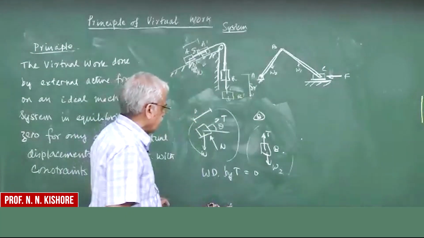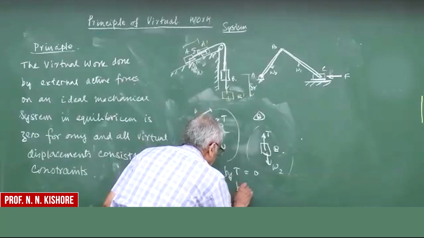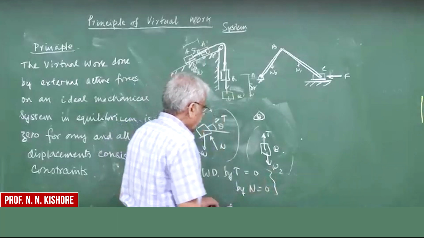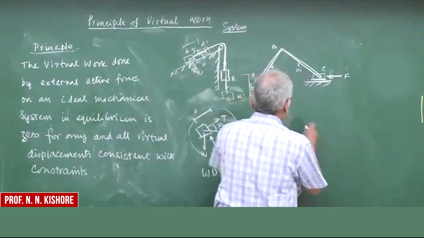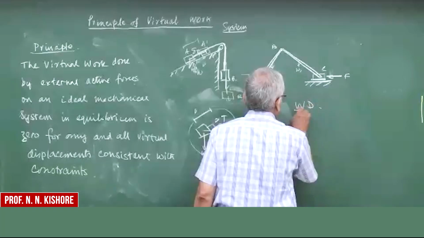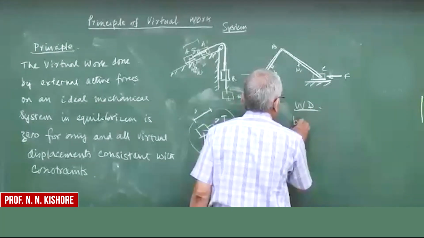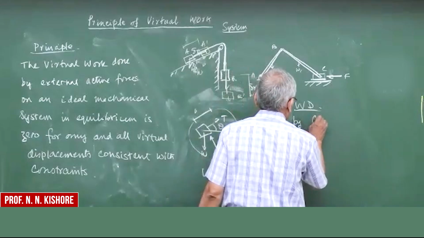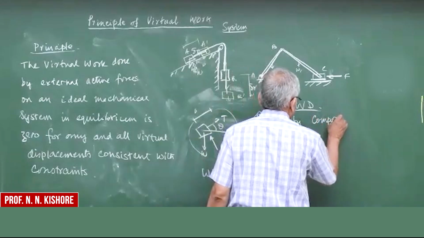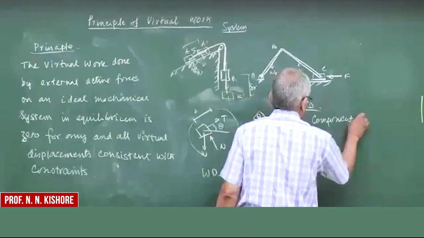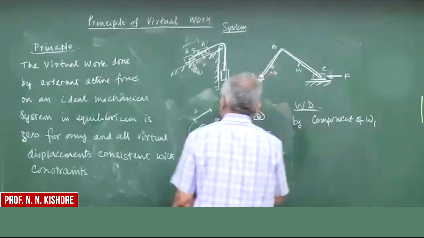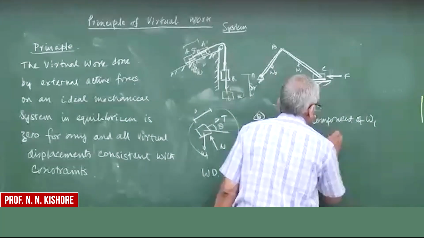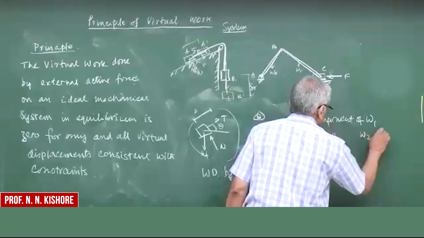So the work done by N is also 0. Then the only work done here is by the component of W1 and the component of W2. That's all, right?